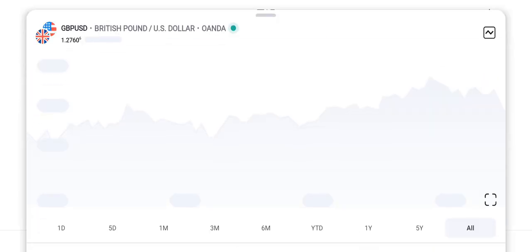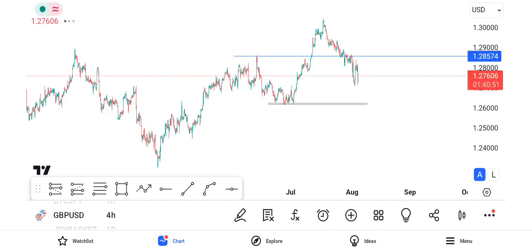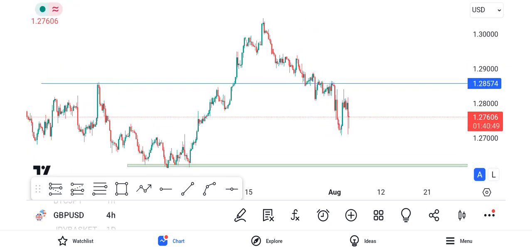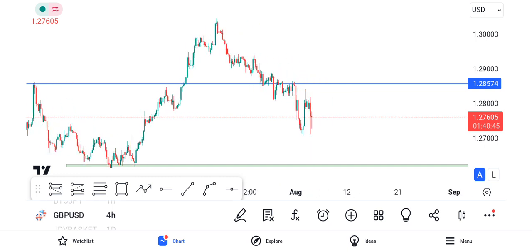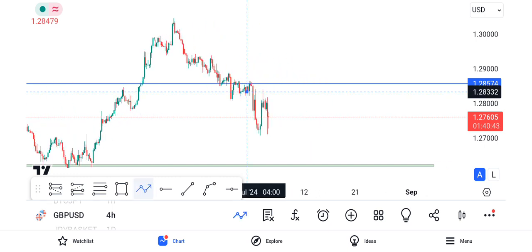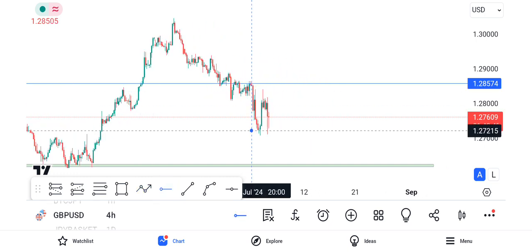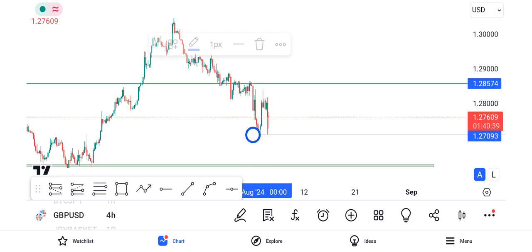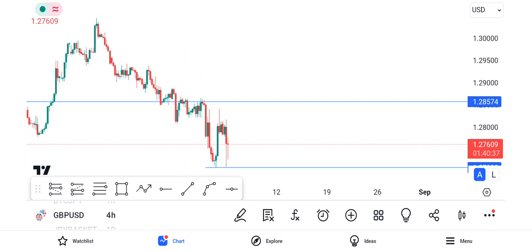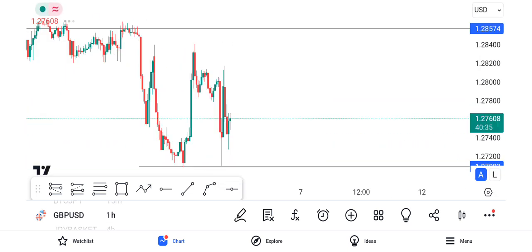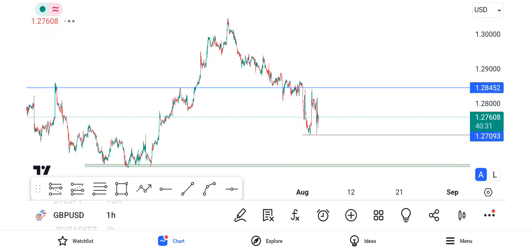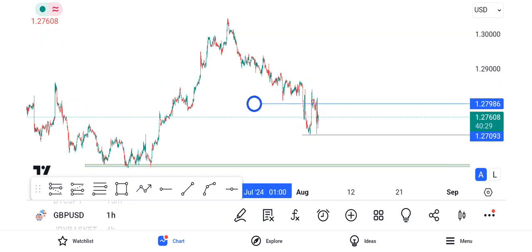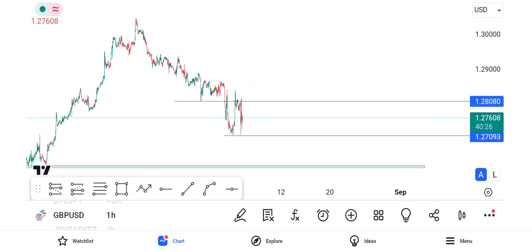Then GBPUSD, just like I said, as you see at this point. If you should break this low right here, they got to take our profit. The current trend is bearish.